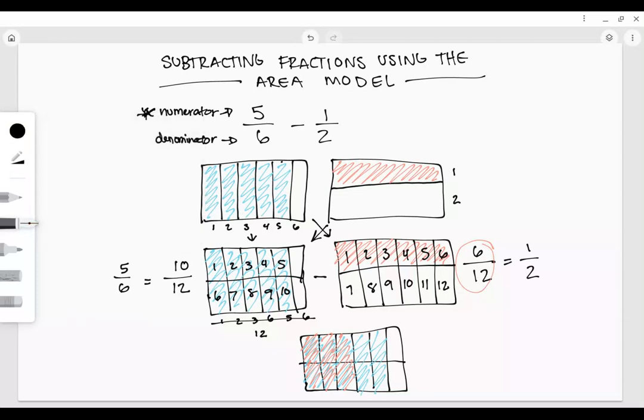And now we're going to look at our unshaded area that wasn't covered with our 1/2. And if we look at that, we have 1, 2, 3, 4 pieces.